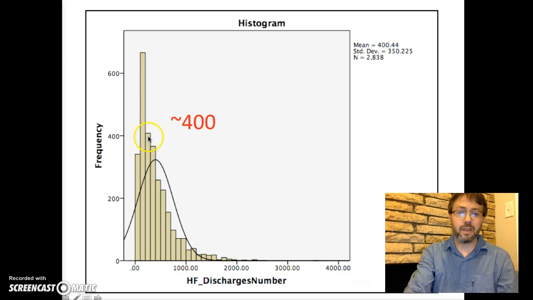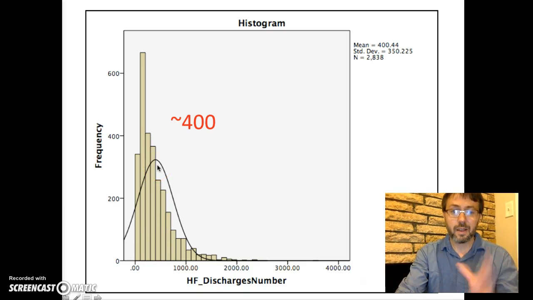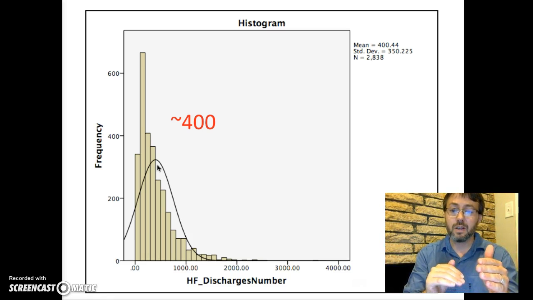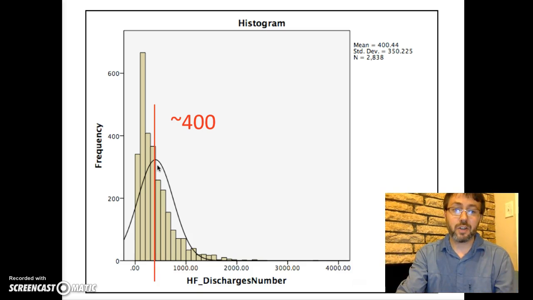And when we look at these data, you can also see that the mean visually is falling in and around 400. So it's that central measure of the total of all observations divided by the number of observations.